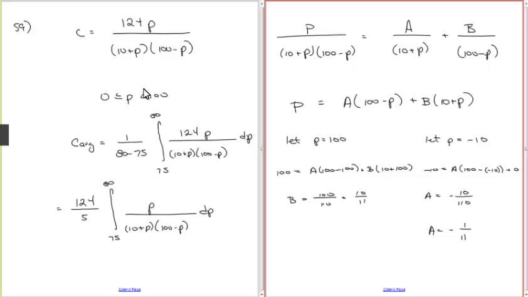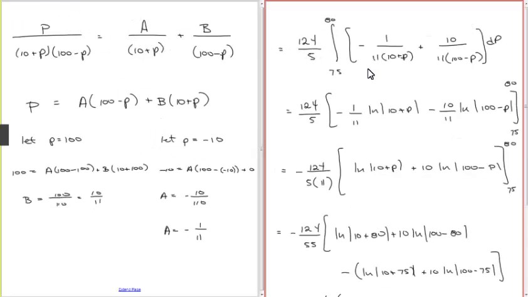So our original integral here, which was something we didn't know how to integrate, became this, which we do know how to integrate because we just have dP over a term that we can set equal to u and take the integral and get the natural log of the argument.